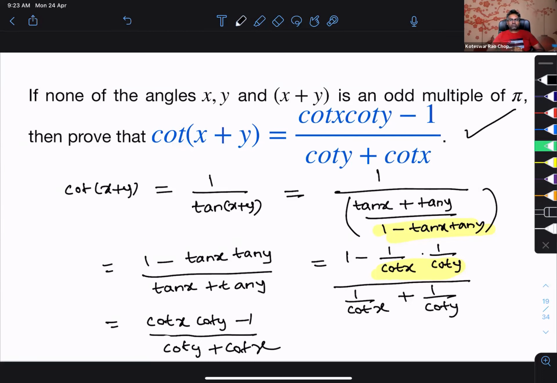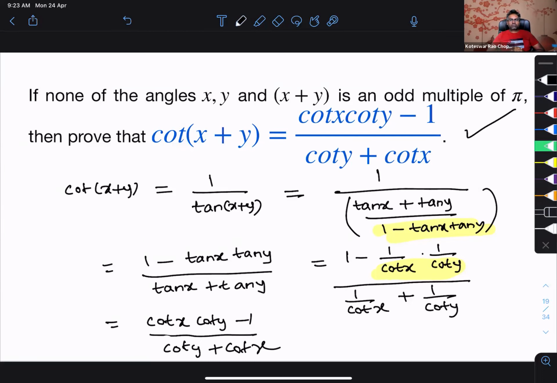So tan of x minus y is tan x minus tan y divided by 1 plus tan x tan y. So send this upstairs and we'll have 1 plus tan x tan y by tan x minus tan y.